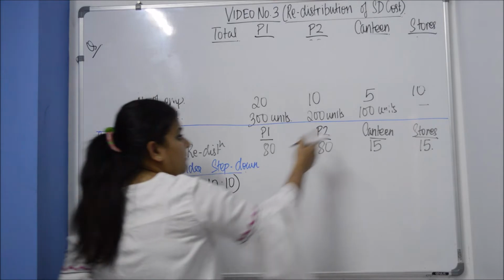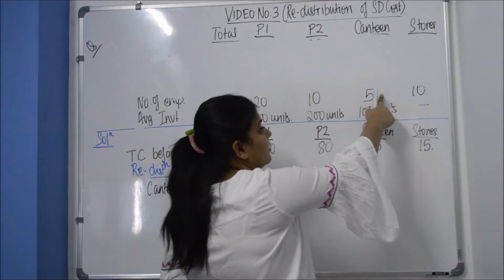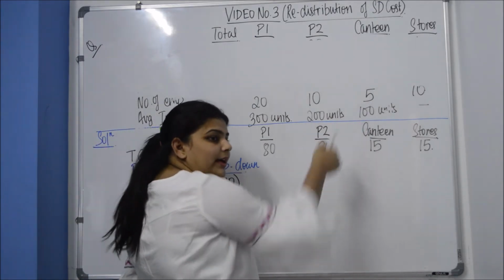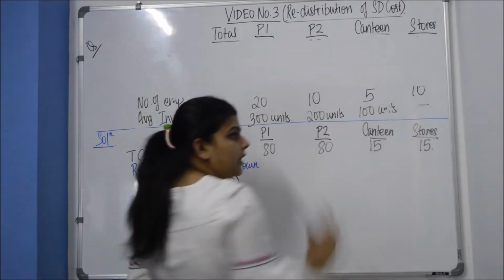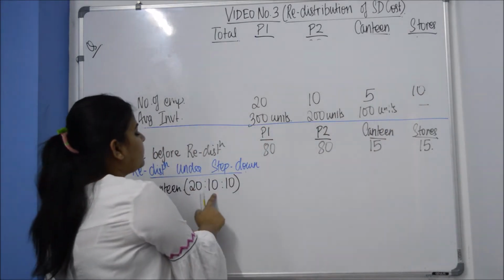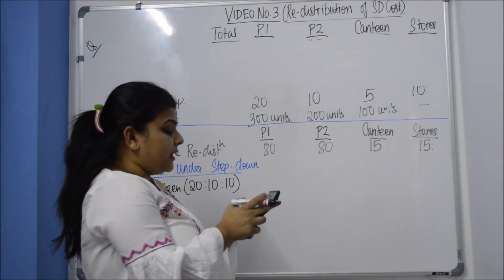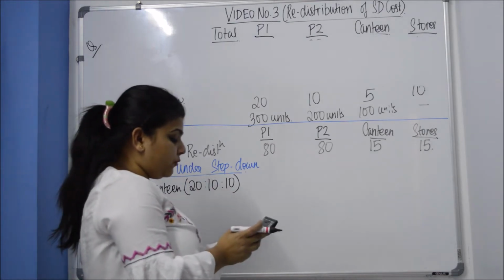It will not take 5 into consideration. Why will it not take 5 into consideration? Because otherwise canteen will get again the canteen's cost, which is not right. It should distribute to the other departments. So that is 20:10:10. My canteen cost 15 rupees will be divided in the ratio of 20:10:10.